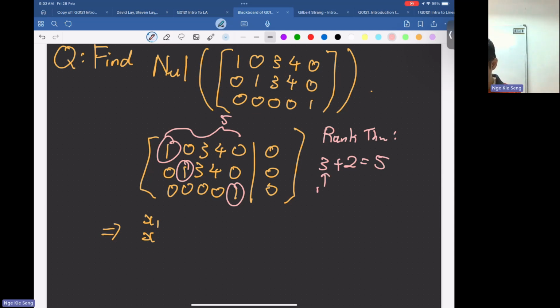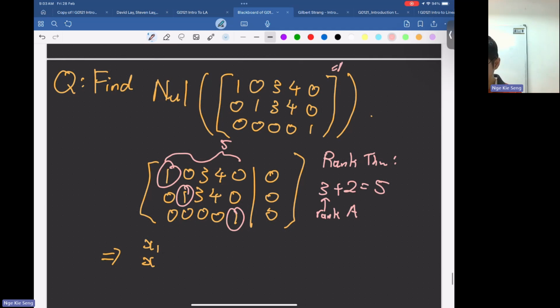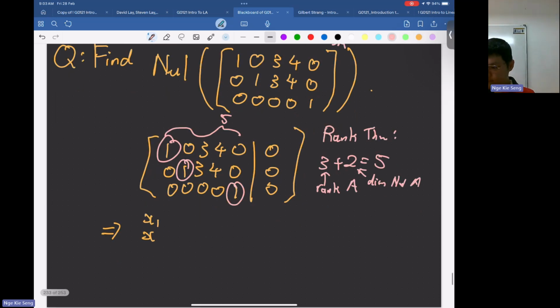So first is rank A, so let's say we call this A, and then 2 is the dimension of Nul A. Now we want to identify which two vectors serve as a basis for your Nul A here. Which vectors?